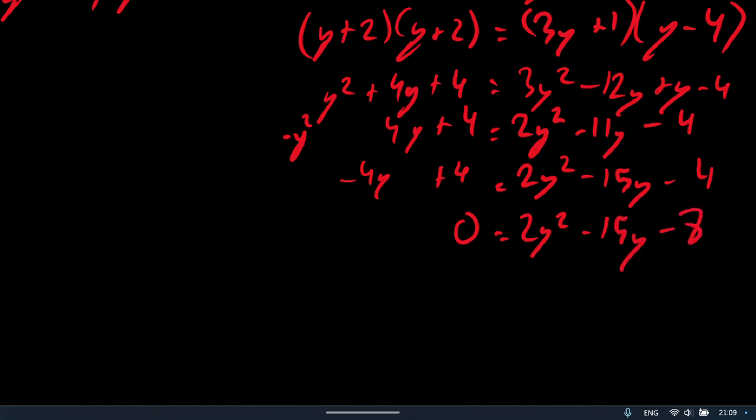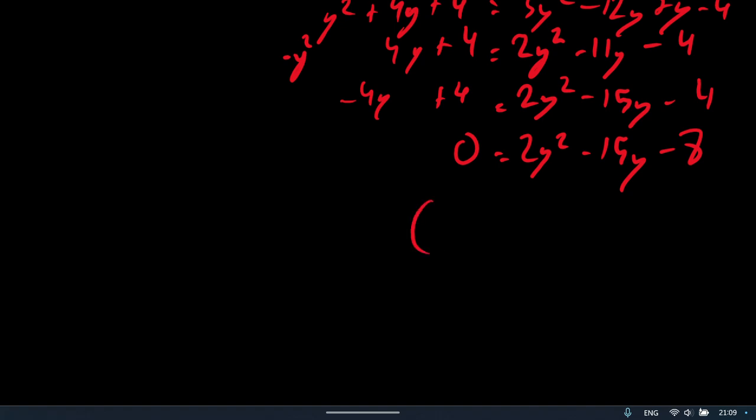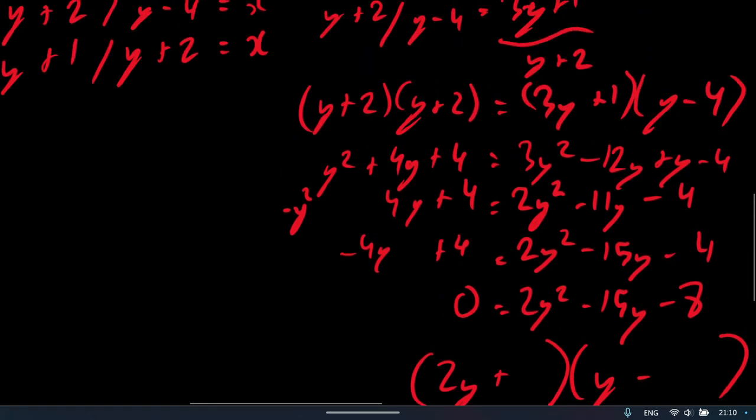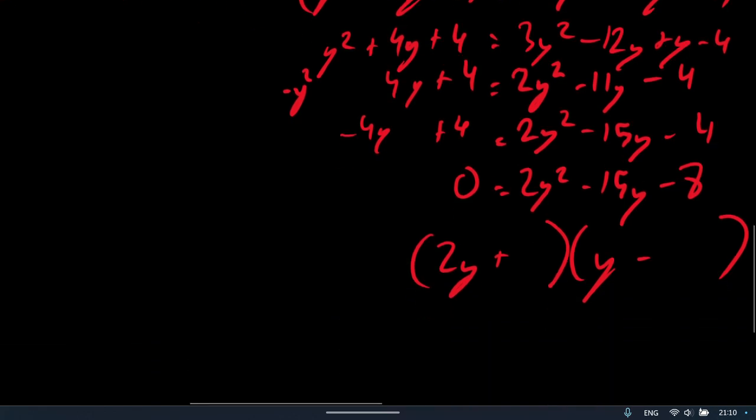And because it's equal to 0, you can factorize it. So 2y and y. Now we have to find these numbers. Because the last term is negative, we know that one is a plus and one is a minus.